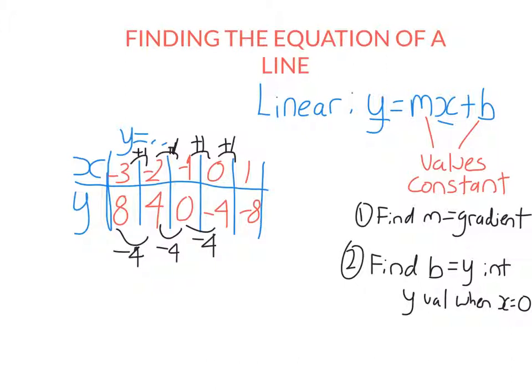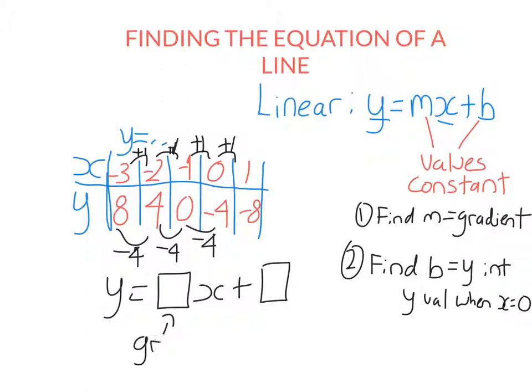So that means it can be written in the form y equals m times x plus something. Remember, m, the thing that goes in the first box here, is the gradient. That is the value by which y is increasing or decreasing each time.